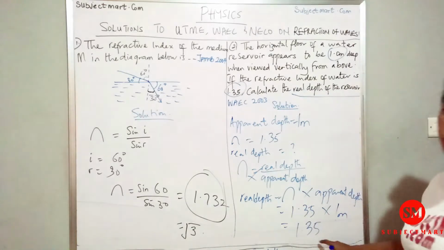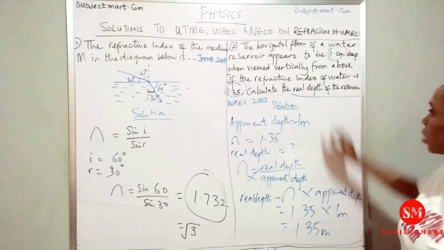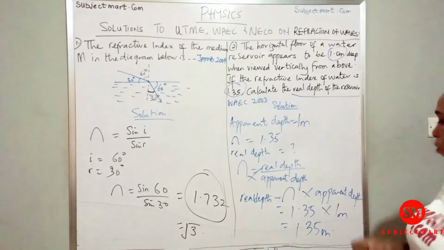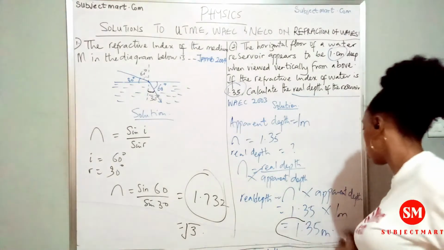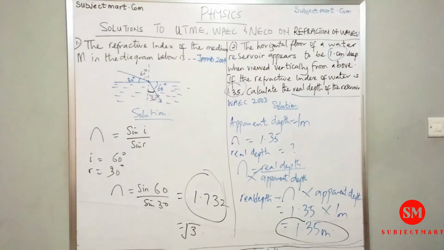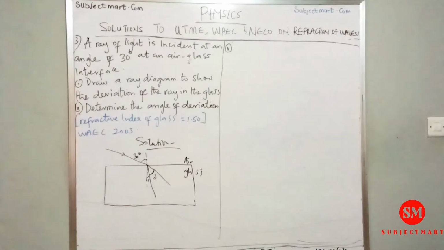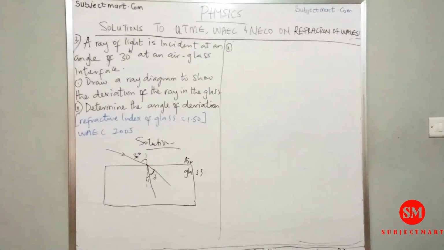We have 1.35 meters. So the real depth of the reservoir is equal to 1.35 meters. So we have another question here.